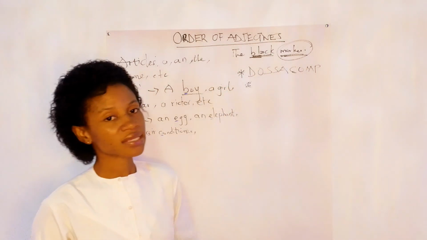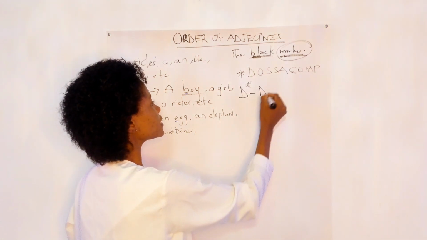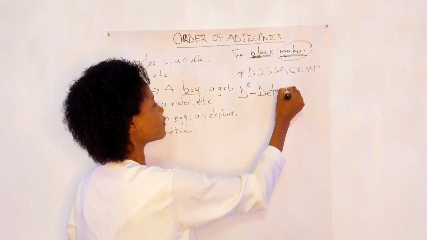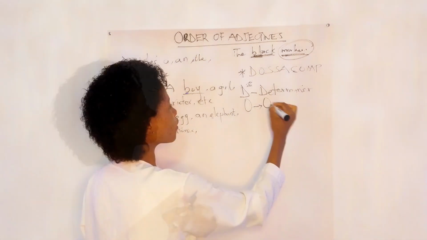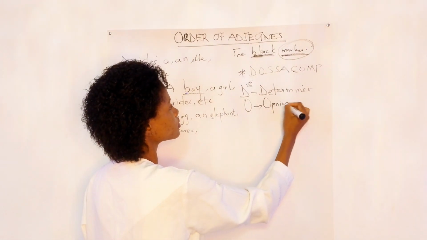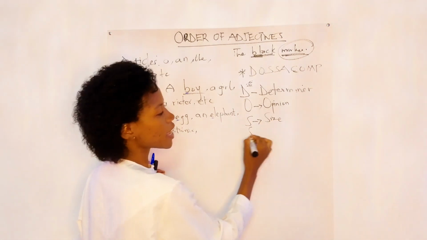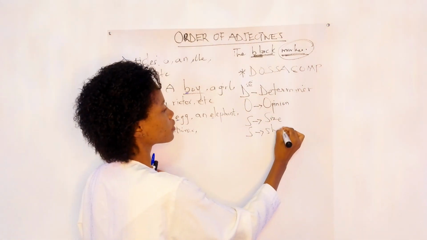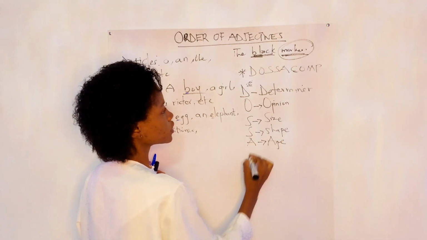DOSASCOM, in the sense that D stands for determiner. O stands for opinion. S stands for size. Another S stands for shape. A stands for age.